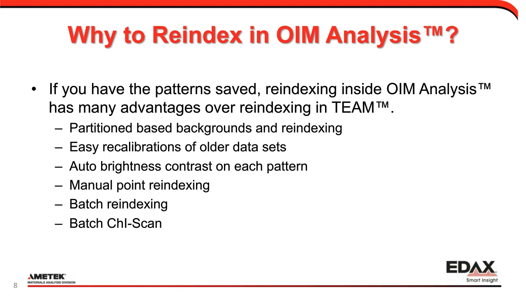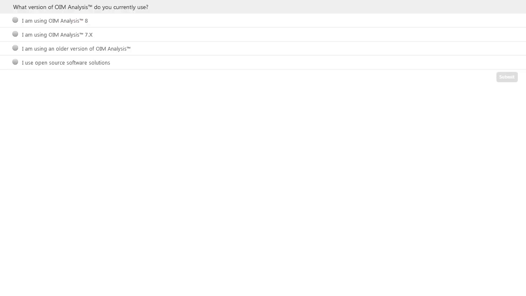And with that, I've got a question for you. It's one of those questions that's useful to understand exactly who my audience is. I want to know what version of OIM Analysis you currently use. OIM 8 is still relatively new, so it's always good to see how many of you are using it, how many are still using OIM Analysis 7, or maybe even older, because I know there are customers out there using 4 and 5, while of course right now we're at 8.